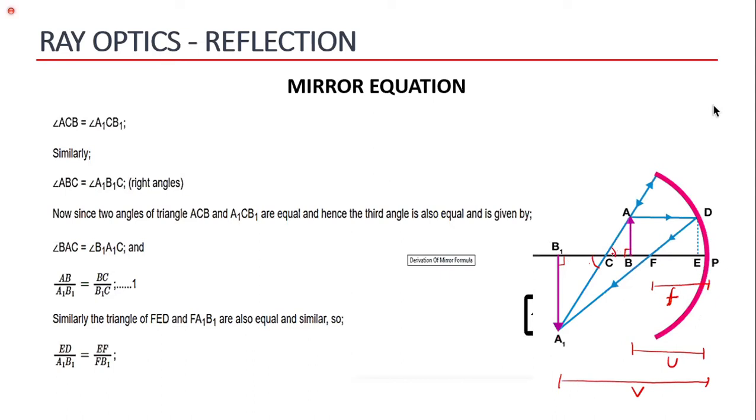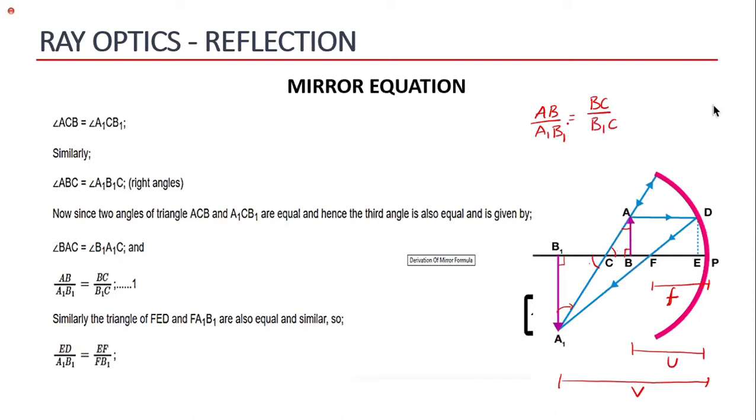This angle is the same, so this angle is also the same. So these become similar triangles. So can I say AB by A1B1 is equal to BC divided by B1C.